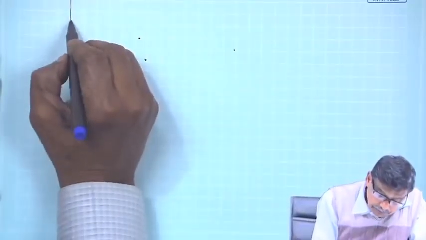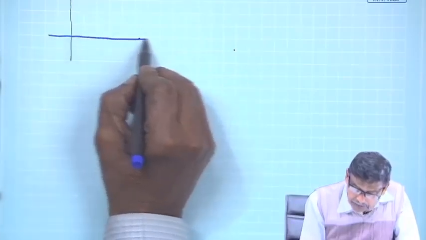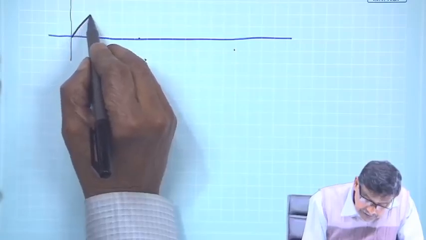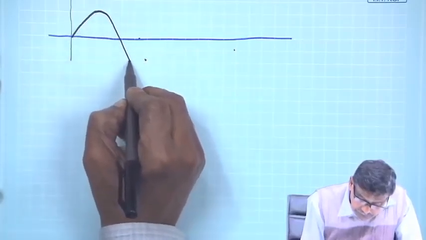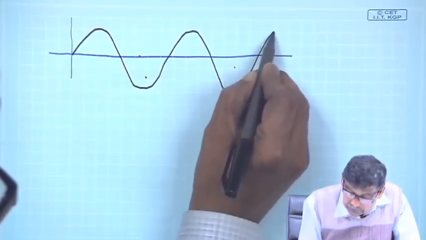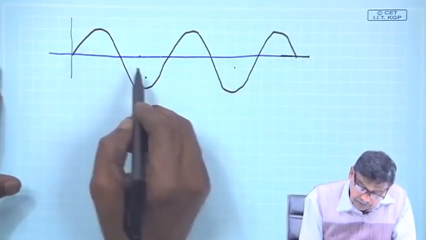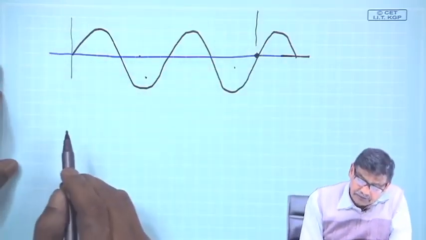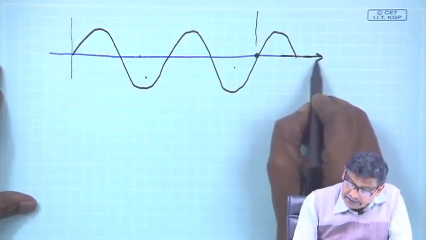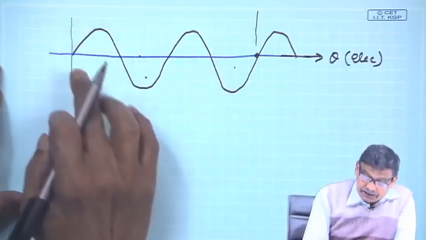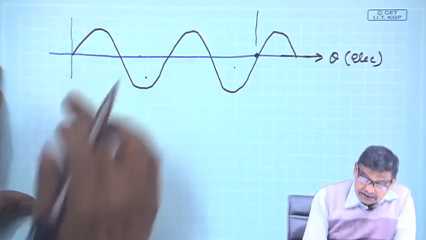So, what we will do is this, suppose I say this is a 4 pole machine, 1, 2, 3, 4. This is 360 degree mechanical, no doubt, but in electrical angle, if theta is in electrical, that is how I should describe this sine wave, so that it will fit in.